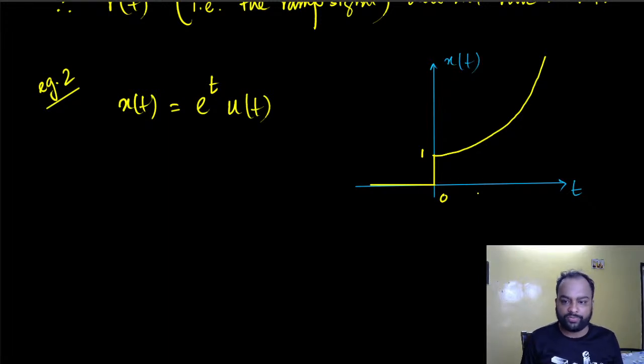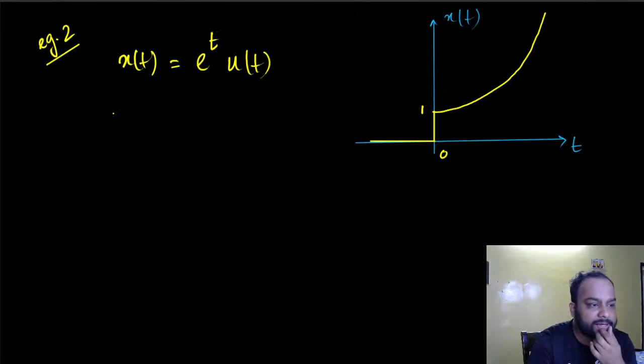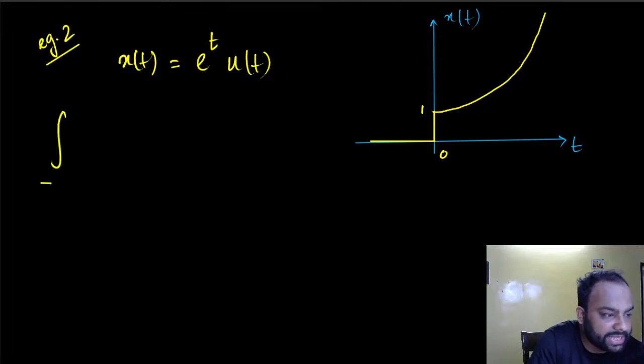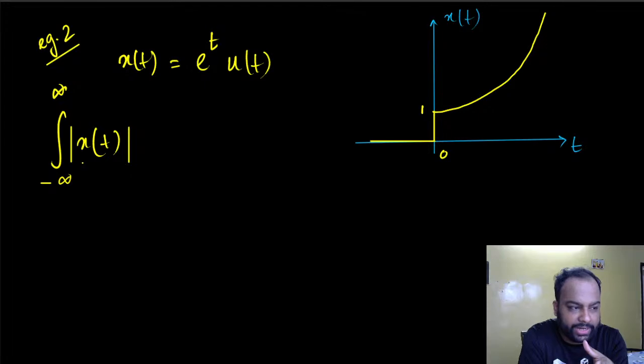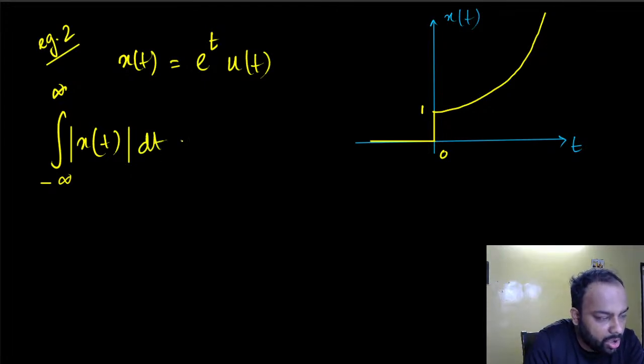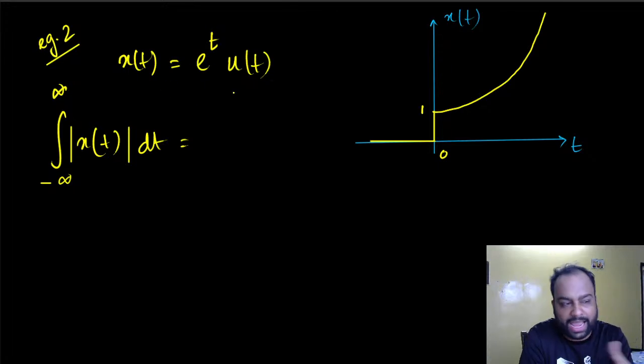That's also fine and all, but the problem is this signal also violates the necessary condition for the existence of a Fourier transform. So if I again calculate the same thing on this signal, this is the absolute integration. Why do we say absolute integration? Because we are taking the absolute value, the mod. This signal is positive throughout, and because of u(t), I have to integrate from 0 to infinity, because for the negative values of t, u(t) is 0.